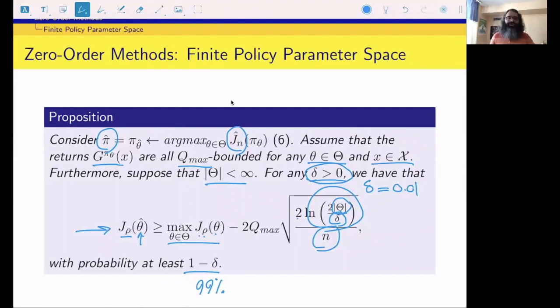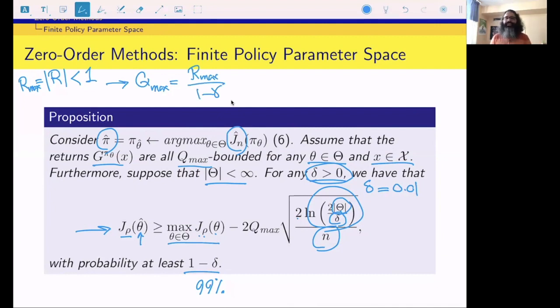Because you usually design the reward yourself, so you know the maximum reward you can get. For example, if you know the rewards are between -1 and +1, that would be your R max, the maximum reward. Then Q max is going to be R max divided by 1 minus gamma.